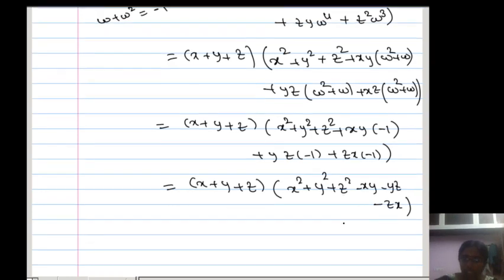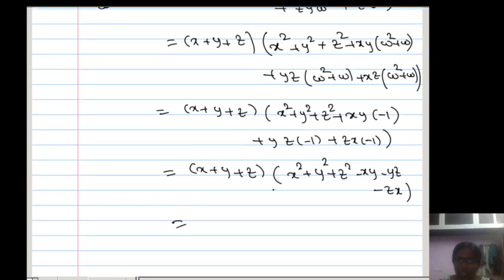If you multiply these two and simplify, you finally get the RHS, x cube plus y cube plus z cube minus 3xyz. This is your RHS.